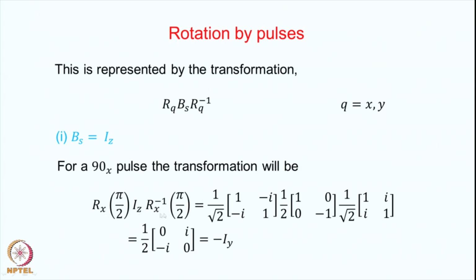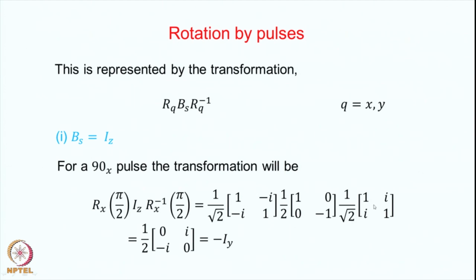We have derived earlier what this Rx pi by 2 is in terms of a matrix. This will be 1 over root 2 times 1 minus i, 1, and for the Iz we have this representation 1 by 2 times 1 0 0 minus 1. This is the matrix because we are considering a single spin here, and Rx minus 1 pi by 2 will be the inverse of this matrix.